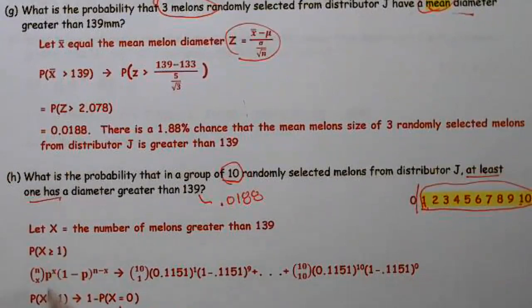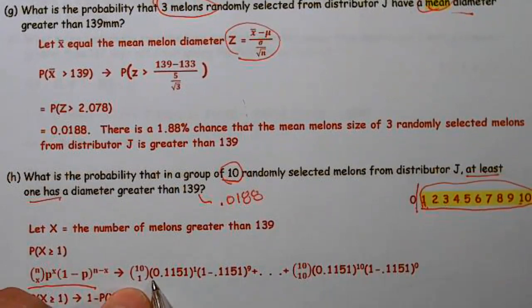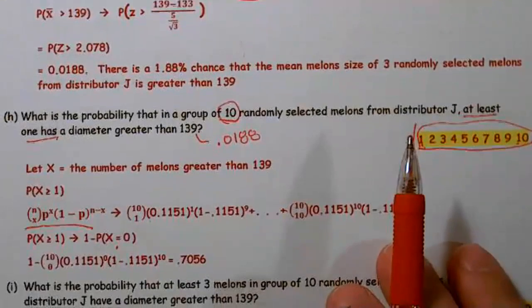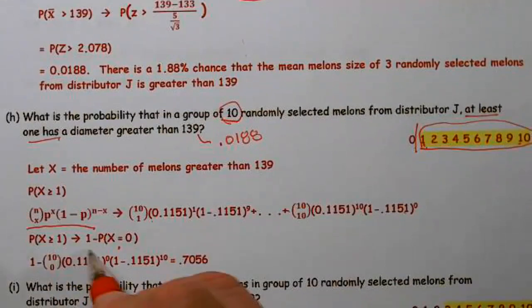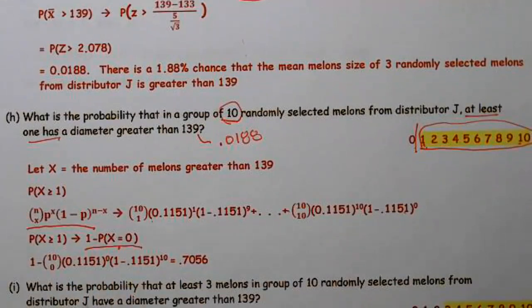Because it's a binomial, I need to make sure I write down my formula. I can show it one of two ways, the PDF of 1 all the way to the PDF of 10, including the lowest, highest, and everything in between. Or what I prefer in this case, since I'm going to do this in the calculator, is 1 minus the probability of 0.